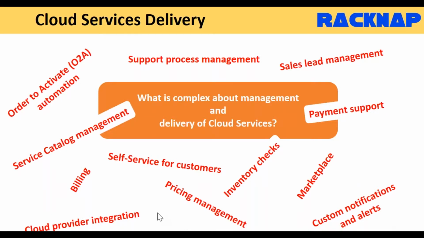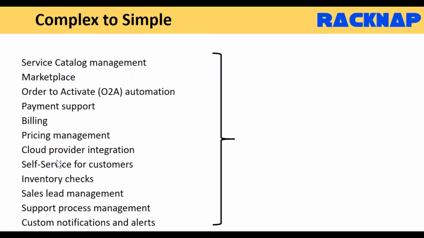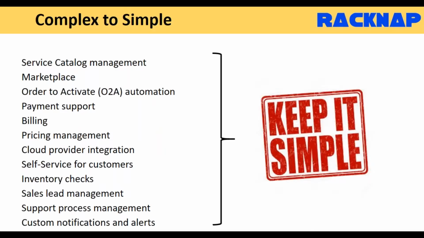So obviously you might be wondering, it's too overwhelming for me. How do I go about managing this effectively so that I can start offering this in an efficient way to my customers? Obviously that looks like a very daunting task. If you look at it in a simplistic way, you need some mechanism of offering all of this in one place, and you need to keep it simple. The moment you think about every single thing to be identified and managed, it becomes too overwhelming.